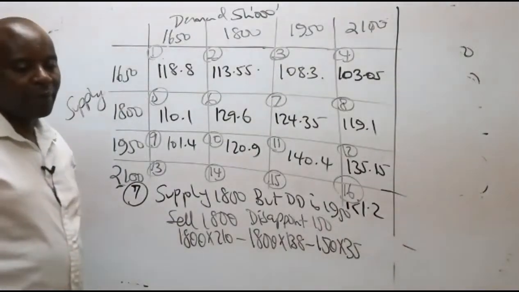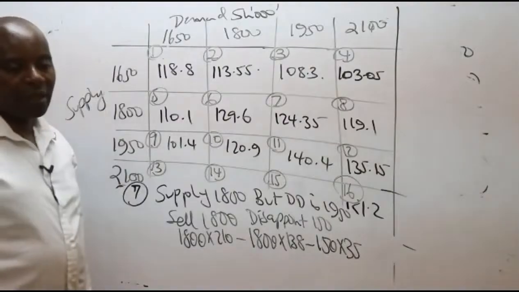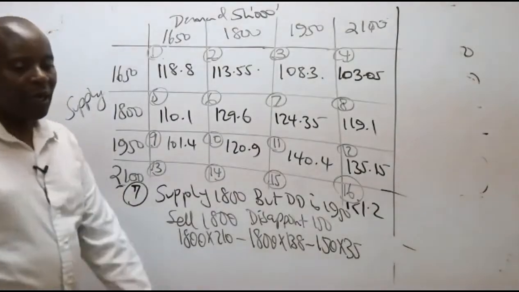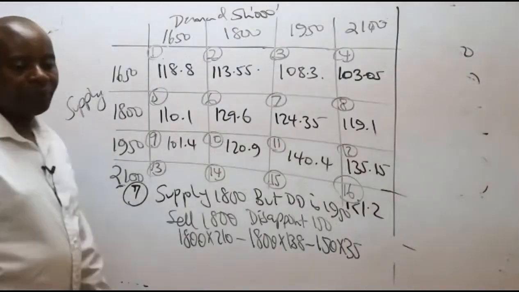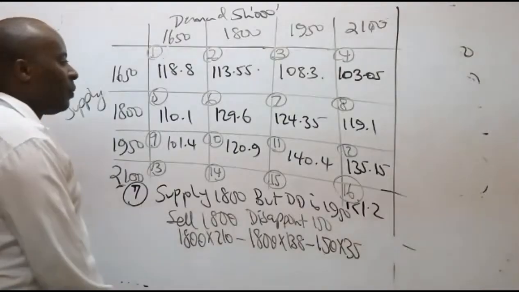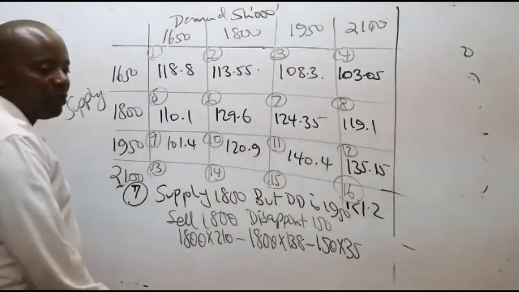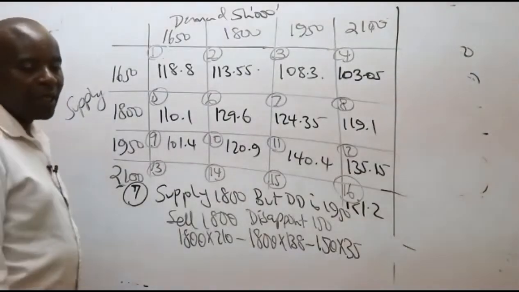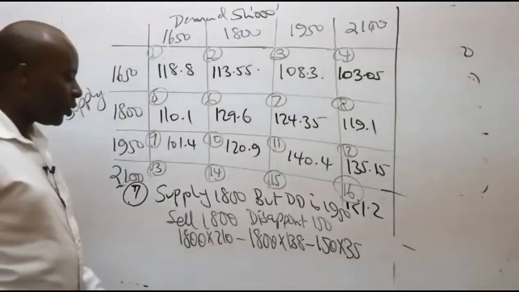Could you kindly confirm that cell number 7 is 124.35? Please confirm very fast. Time is not on our side. Just use your calculator.